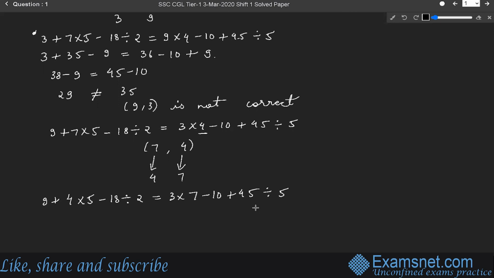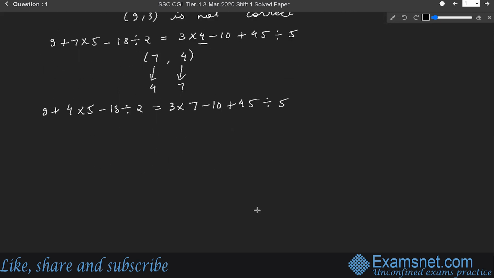Now, further solving it by using the BODMAS rule here, it will be 9 plus 4 into 5 is 20 minus 18 divided by 2 will be 9. So this will be equal to 3 into 7, 21 minus 10 plus 45 divided by 5. 45 divided by 5 is 9.